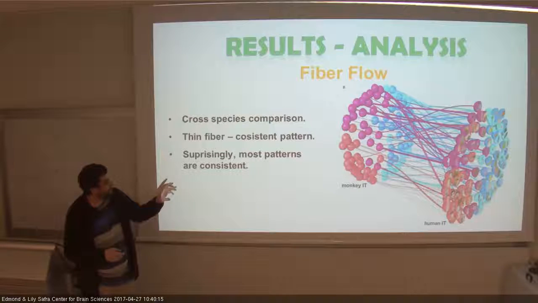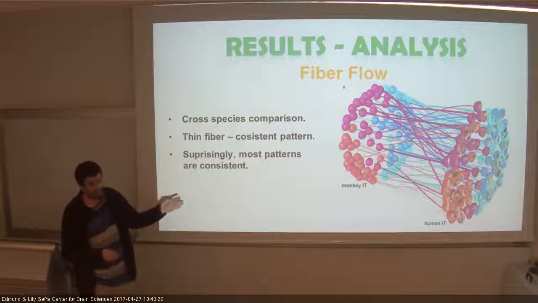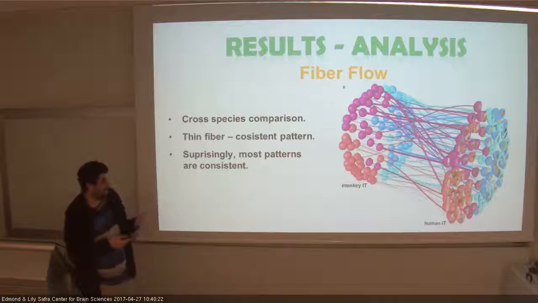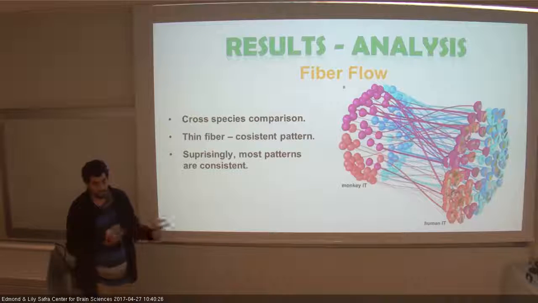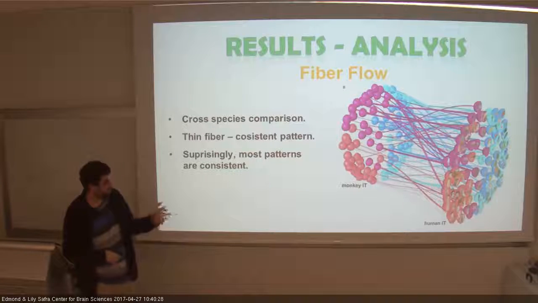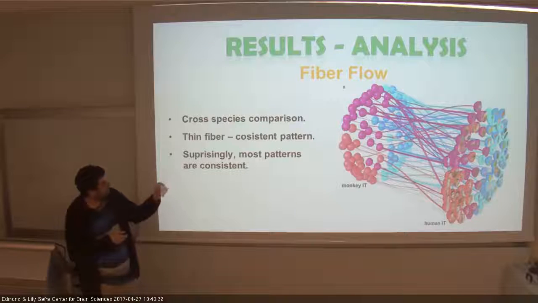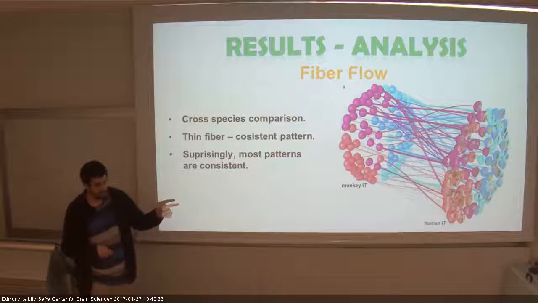And as you can see, most of the fibers, or at least they claim that most of the fibers, are quite straight, which suggests that the activity of the IT is really similar between the monkey and the human. There is also the point here about the thickness of the fibers.